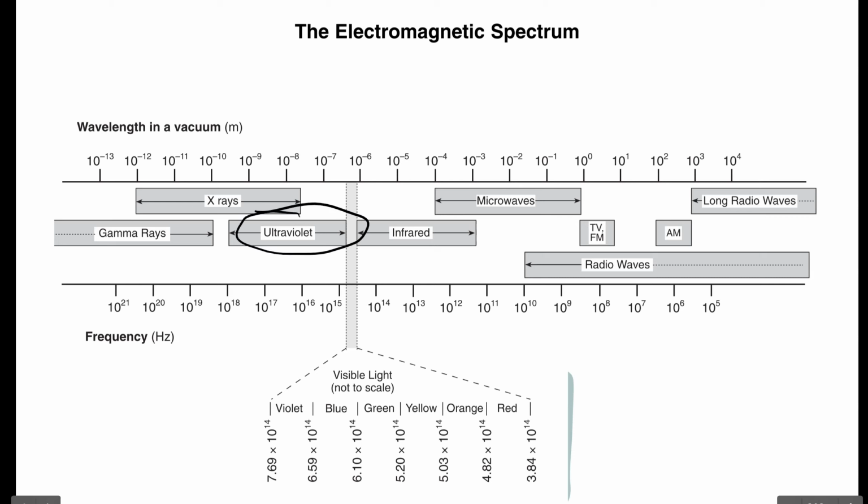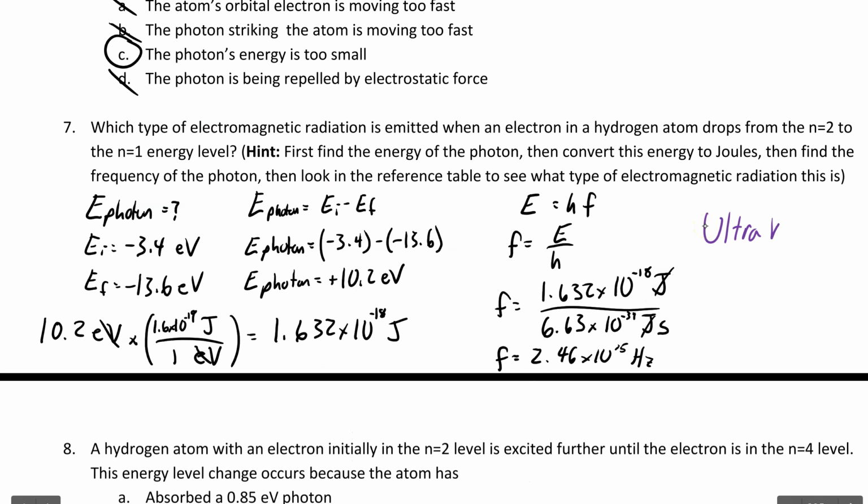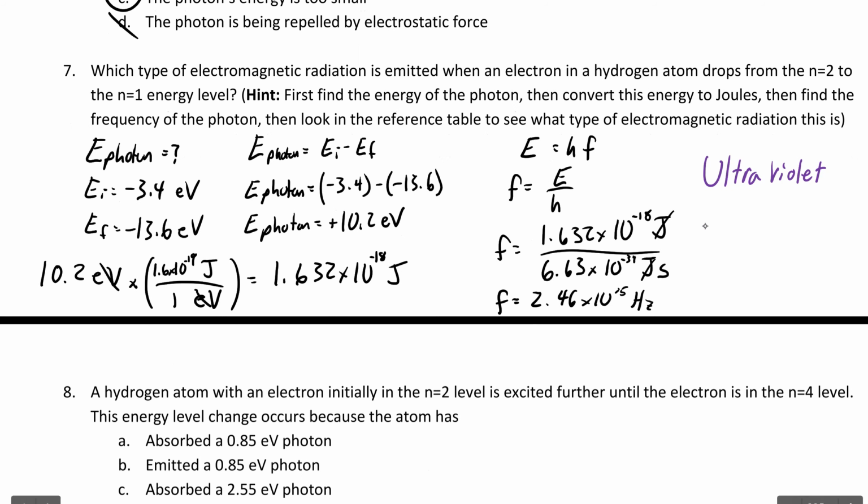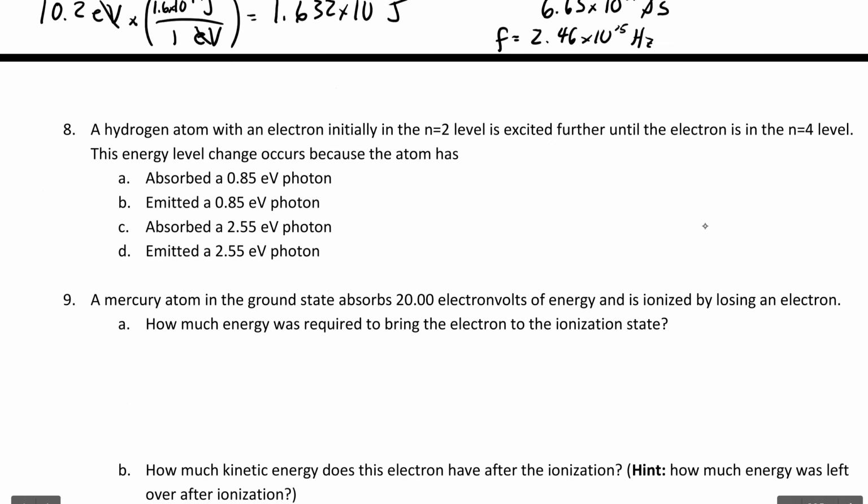We are in the ultraviolet portion of the electromagnetic spectrum. Cool, so it's ultraviolet radiation. Actually, I shouldn't have even used violet as the color, because ultraviolet is not violet, it's ultraviolet. It's beyond what we can see with our human eyes.